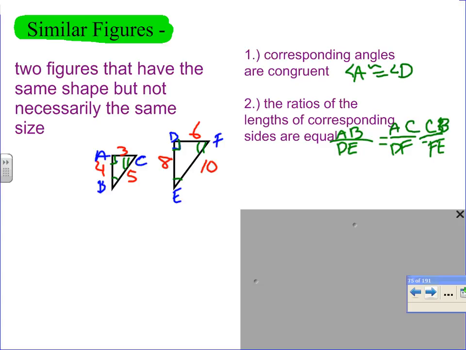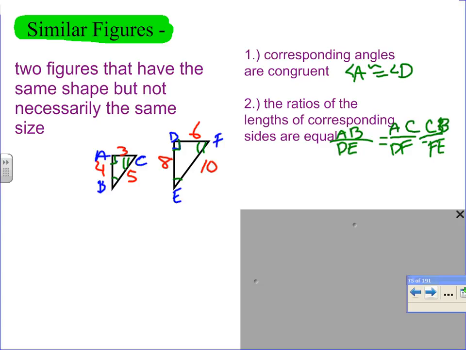So I just wrote down AB over DE, which is the 4 and the 8, is equal to AC over DF, which is the 3 over 6, which is equal to CB over FE, which is what Annalise told us, which is the 5 over 10. So the proportions all end up equaling 1/2. The ratios of the side lengths are equivalent. So for similar, angles have to be the same, the sides are in proportion.